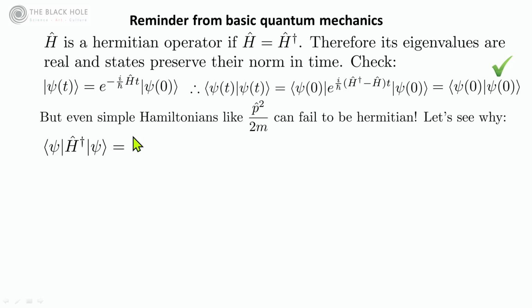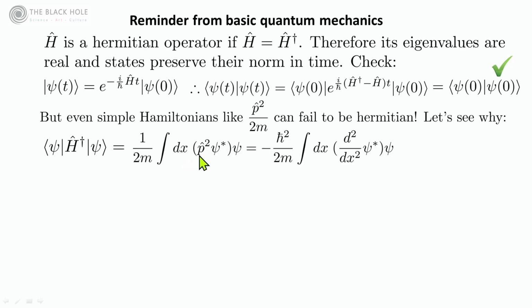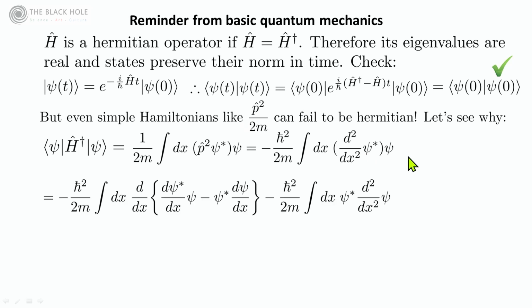So let's take H dagger between psi and psi. That's, of course, p squared psi conjugate with psi. I haven't shown psi of x, but that's obvious. And that's, well, the Hamiltonian is minus h bar squared over 2m times the second derivative, in this case acting on psi star, psi.